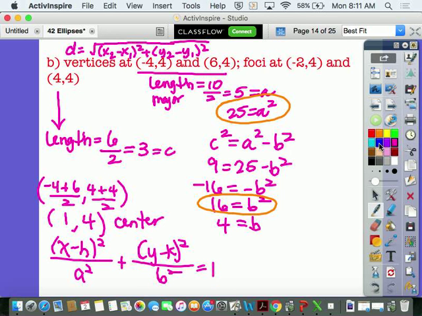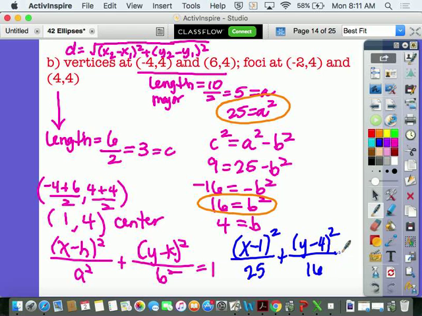So our equation, which I'm going to write in blue, is going to be x minus 1, so remember, our center is 1,4, over A squared, which is 25, plus y minus 4 squared over B squared, which is 16, equals 1. And that is the equation of our ellipse.